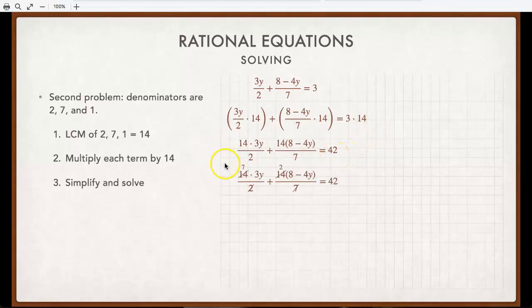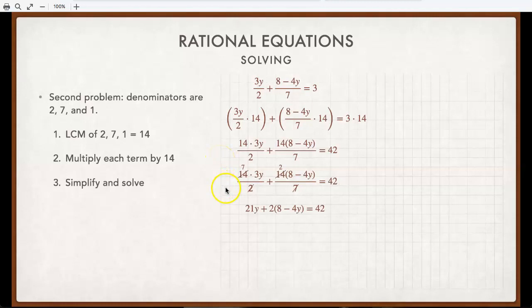Now we can simplify. Before we actually multiply those together, we can do some canceling out here. 14 divided by 2, we're going to get 7 there. 14 divided by 7, we'll get 2 there. Notice in both of these cases, because we multiplied by the least common multiple of those denominators, we'll always be able to get that denominator down to 1 to eliminate it when we cancel out.